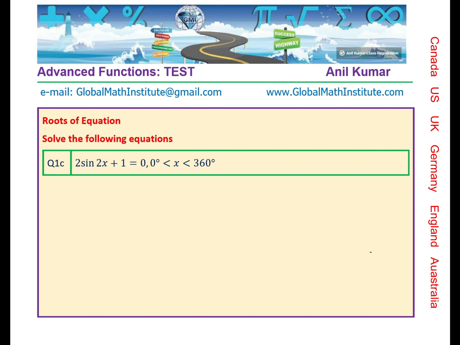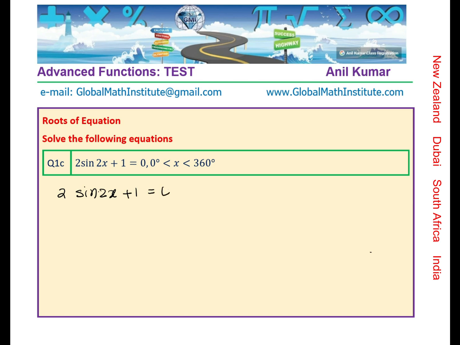Now here we have 2 sine 2x plus 1 equals 0, where x is in degrees from 0 to 360 degrees. Let's rewrite the equation: 2 sine 2x plus 1 equals 0.